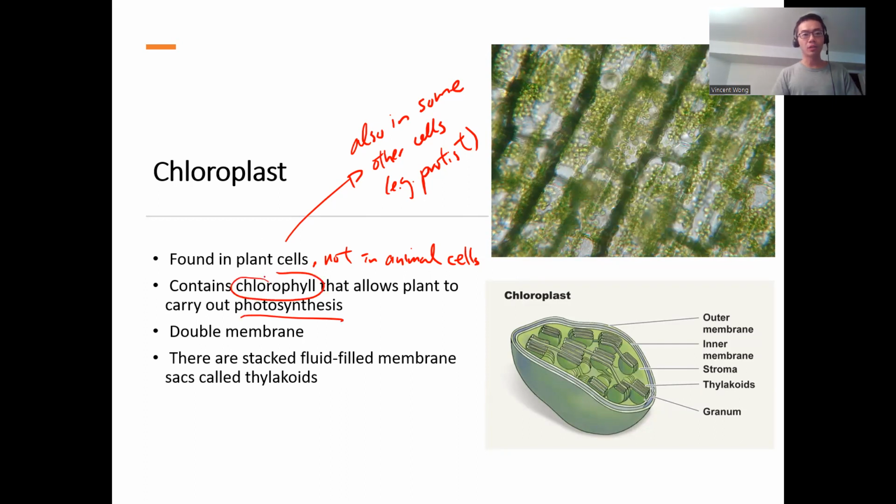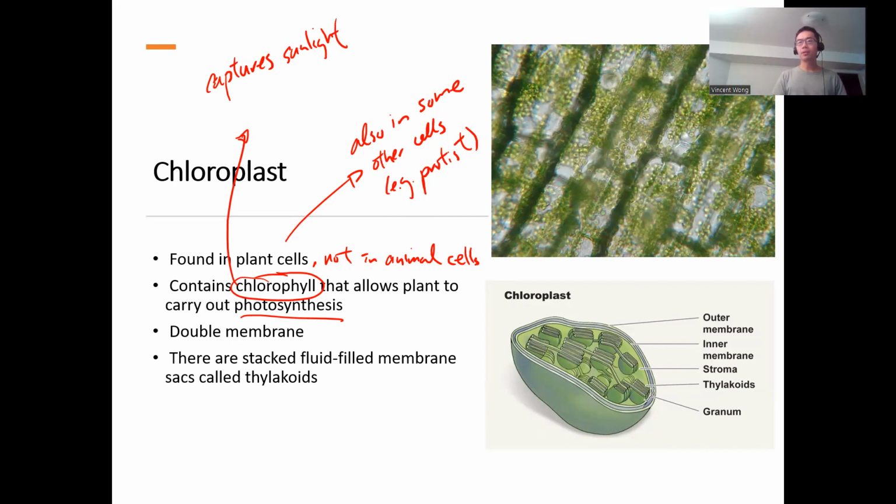Okay, so chlorophyll is green. That is what makes the plant green, and it's a chemical that allows the plant to capture sunlight. Okay, and sunlight allows the plant to do photosynthesis. All right.